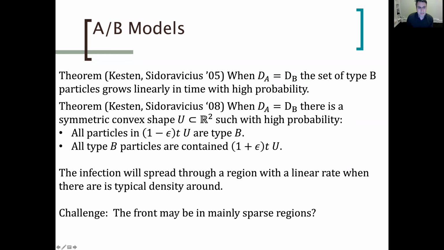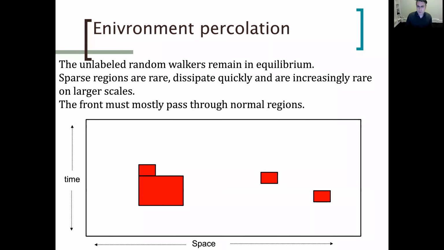When the speed is the same, if you just look at the particles without labels as being infected or not, then they're just doing independent random walks and it remains in equilibrium. So at any time t, the distribution of particles just looks like a Poisson process, and you can calculate the probability that some region doesn't have very many particles in it. You can also study how this evolves over time.